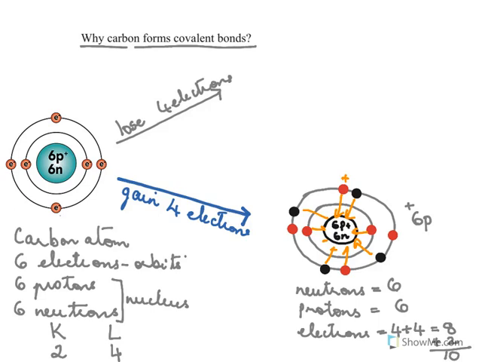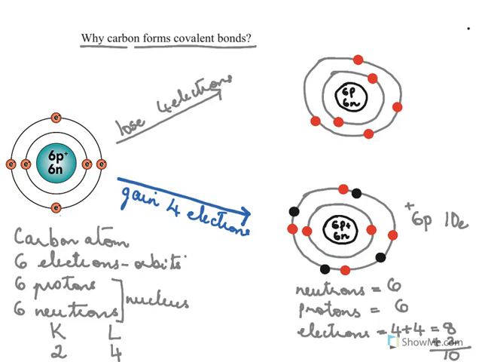Here, however, we have 6 protons trying to hold on to 10 electrons. The number of protons is too small, the number of electrons is too large, and the atom would be highly unstable. So the carbon atom cannot gain stability by gaining 4 electrons.